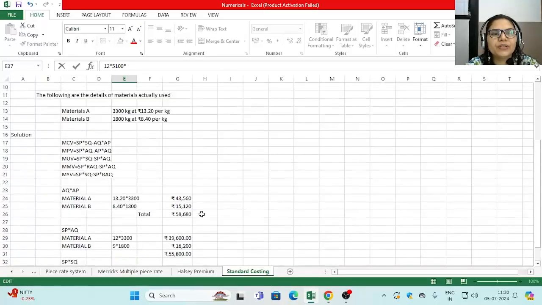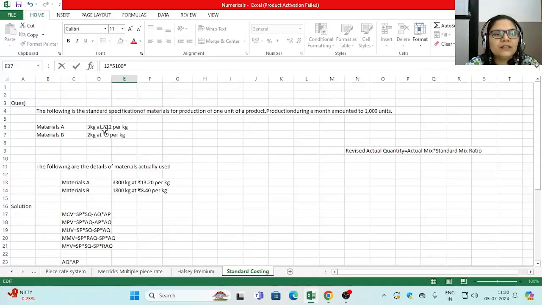Standard mix ratio is like material A is 3 and material B is 2. So standard mix ratio will be 3 divided by 5. We have to take a ratio value. So for material A, it will be 3 divided by 5, that is 3 plus 2, 5.